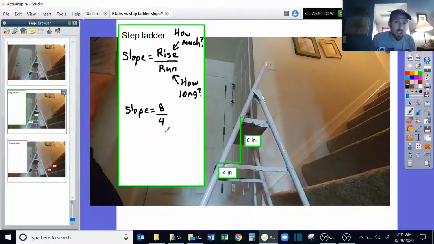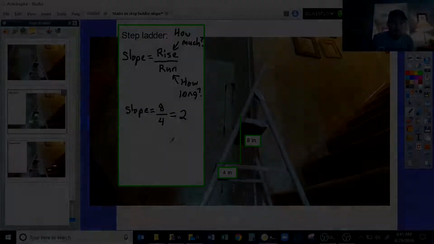It took much less forward run to rise up that 8 inches. Now that we have a number, we can do what we do with numbers. We can simplify fractions like these. 8 divided by 4 is 2. So for our stepladder, our slope is 2.